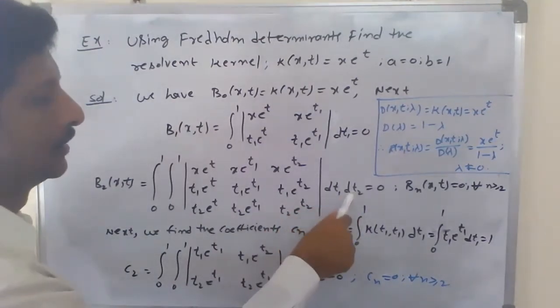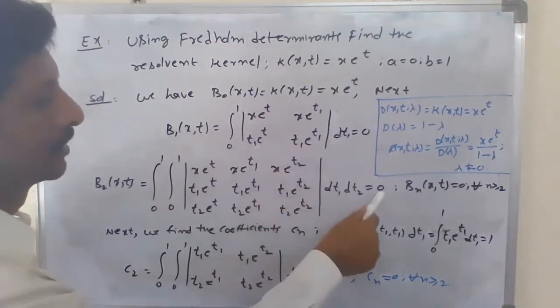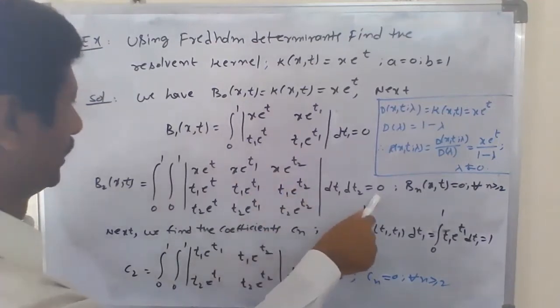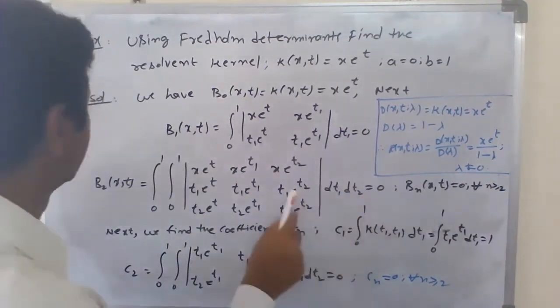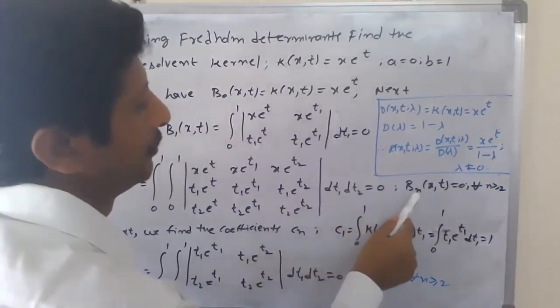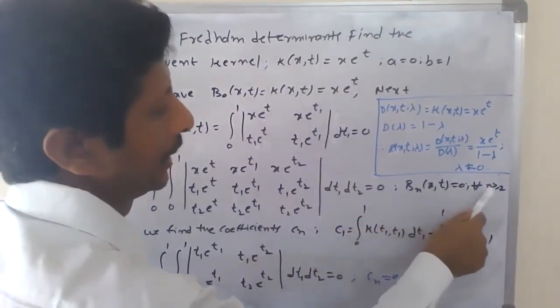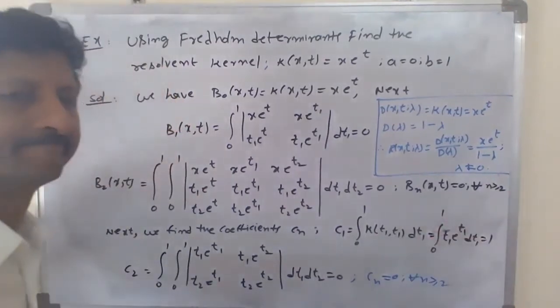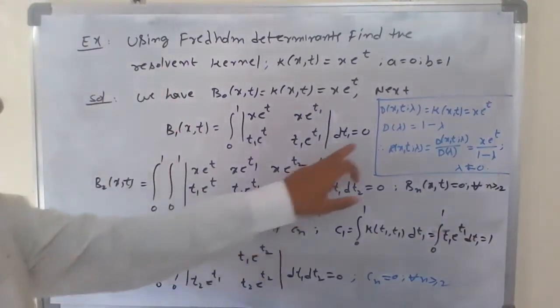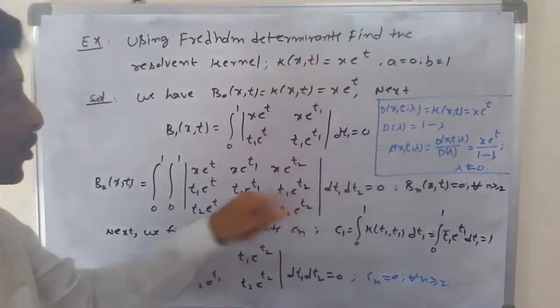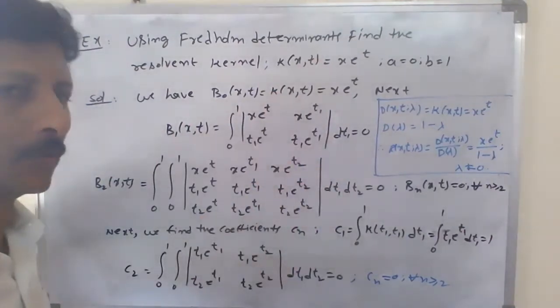If we integrate this, we get the value 0. From this we conclude that Bn will be 0 for all n greater than or equal to 2. Once it is 0, the subsequent quotients are 0.